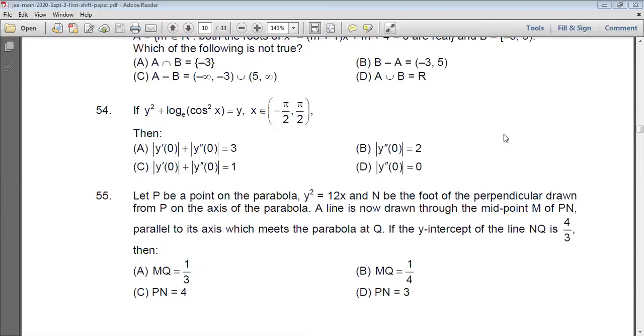First option: modulus of y dash of 0 plus y double dash of 0, modulus, is equal to 3. Second option: modulus y double dash of 0 is equal to 2.